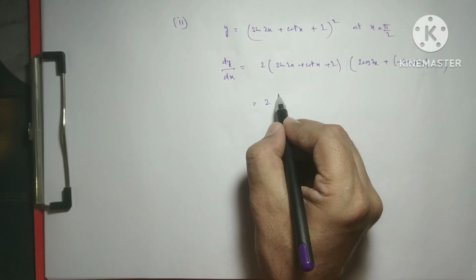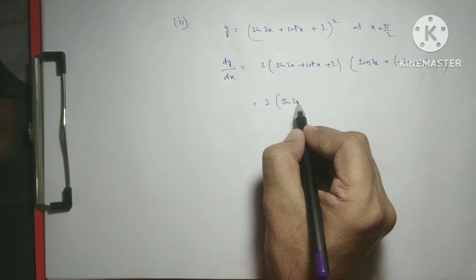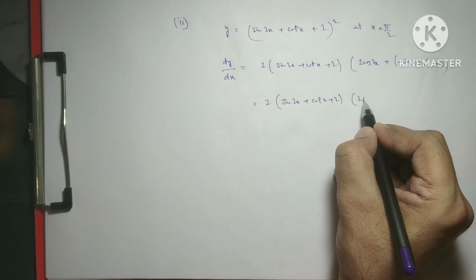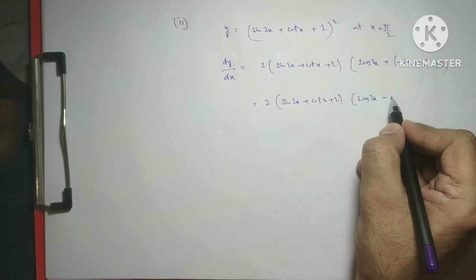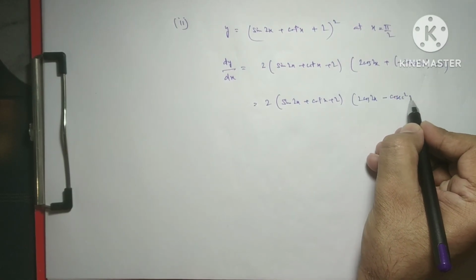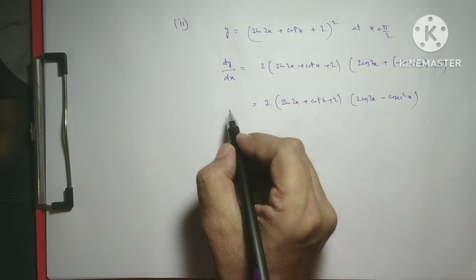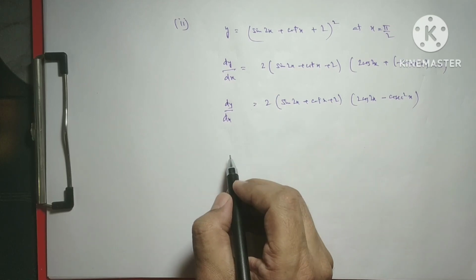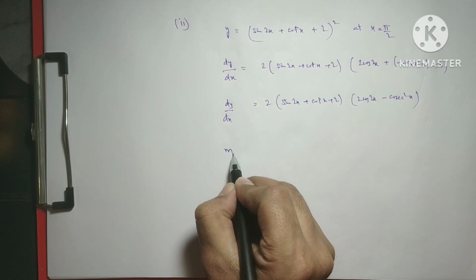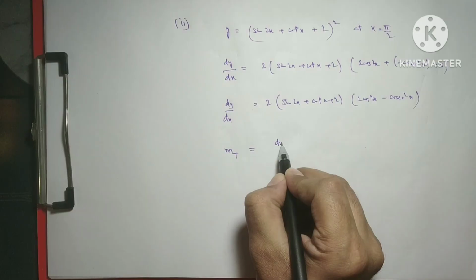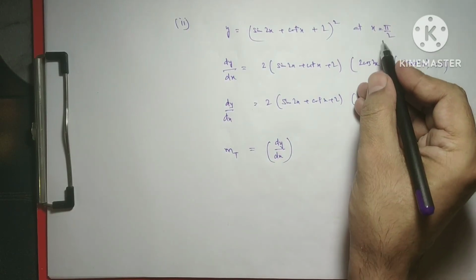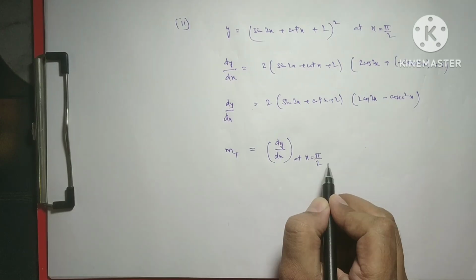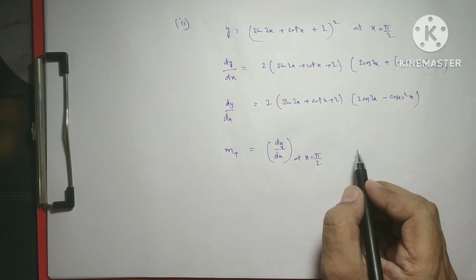So it is 2 (sin 2x + cot x + 2) into (2 cos 2x minus cosec square x). Right now this is the value of dy over dx, but this is not the slope. It becomes the slope of tangent when we put the coordinates of the point at which we want the tangent in dy over dx.